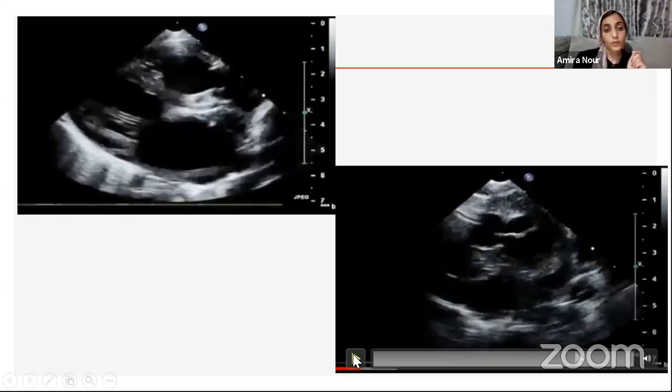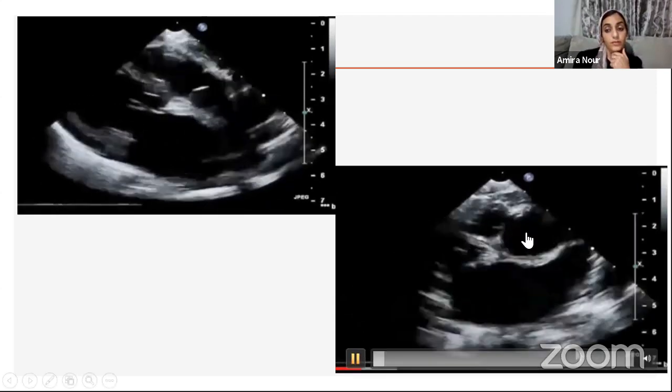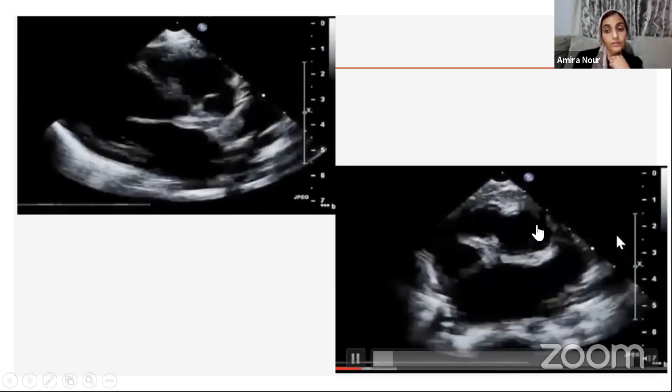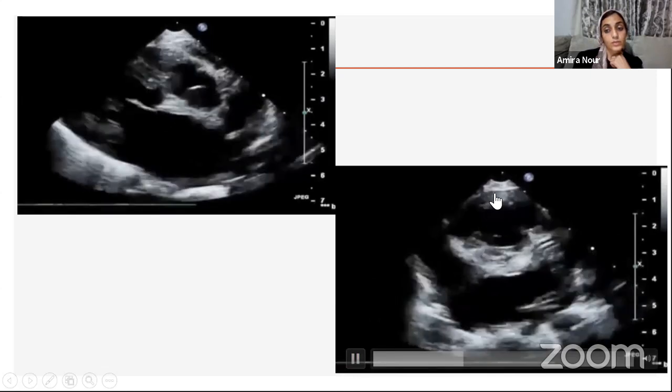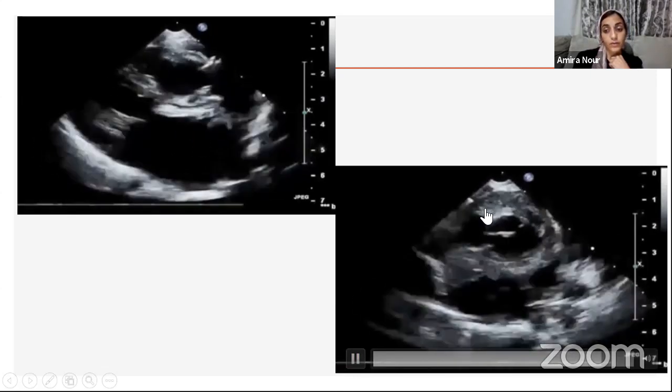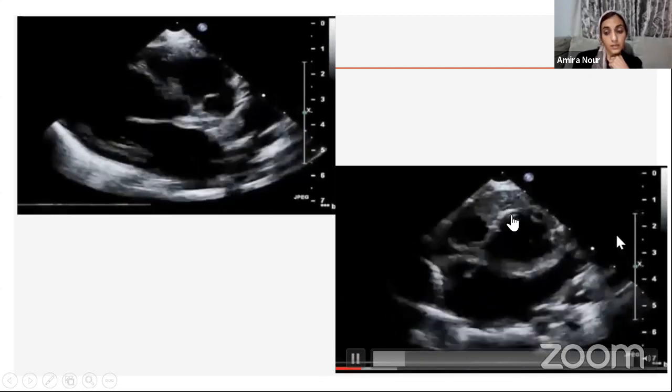The third point in our checklist is to identify the relation of the great vessels. Here we can see that the pulmonary valve and the aortic valve are mostly arising side by side with the aorta slightly anterior. So here the relation of the great vessels is side by side.